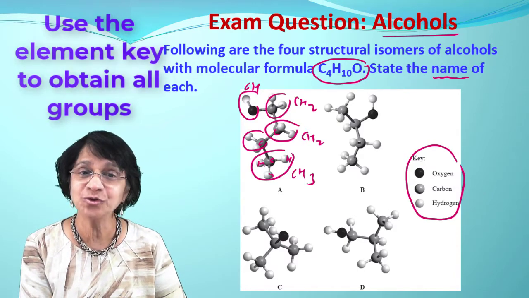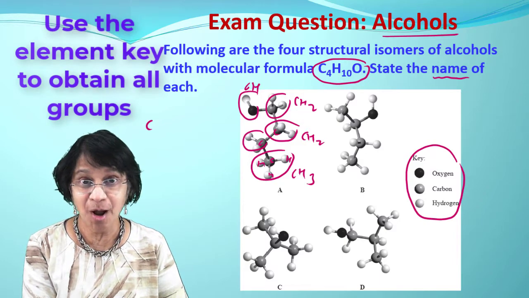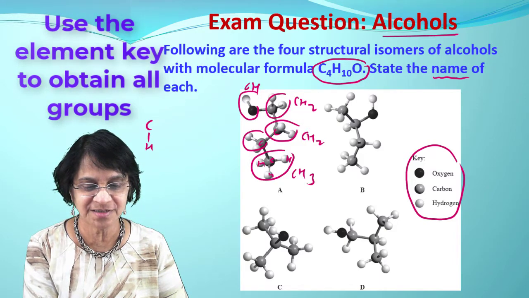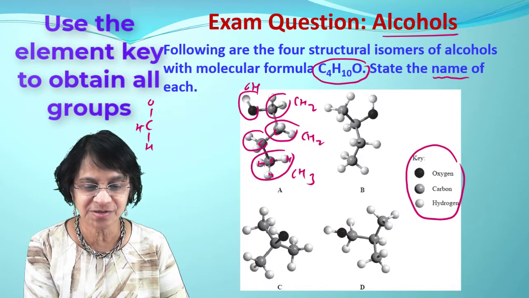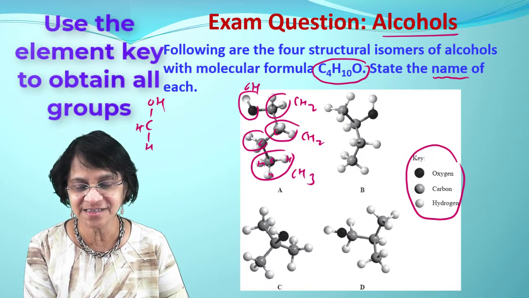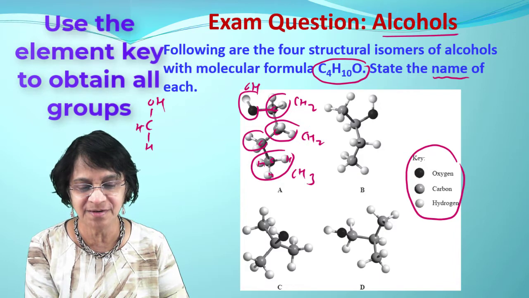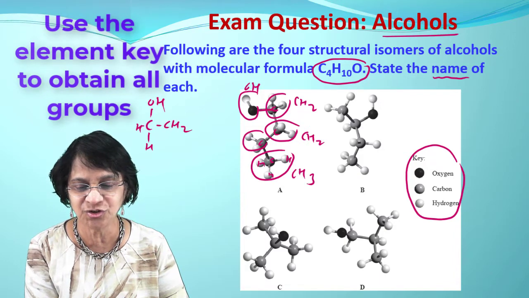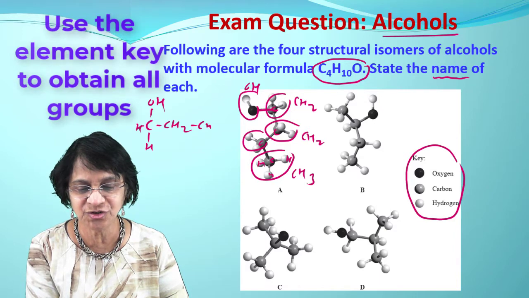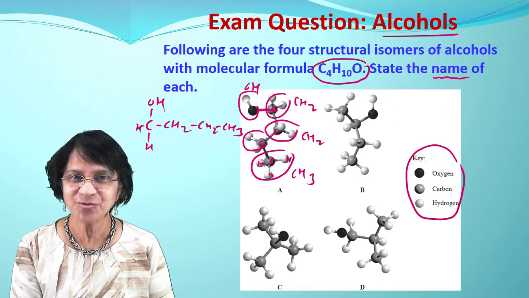So let's write down the formula here properly. That's our CH2OH, and then that's connected to this carbon which is CH2. Then we come back to this carbon which is CH2, and we come back to the CH3 group here. That was simple.